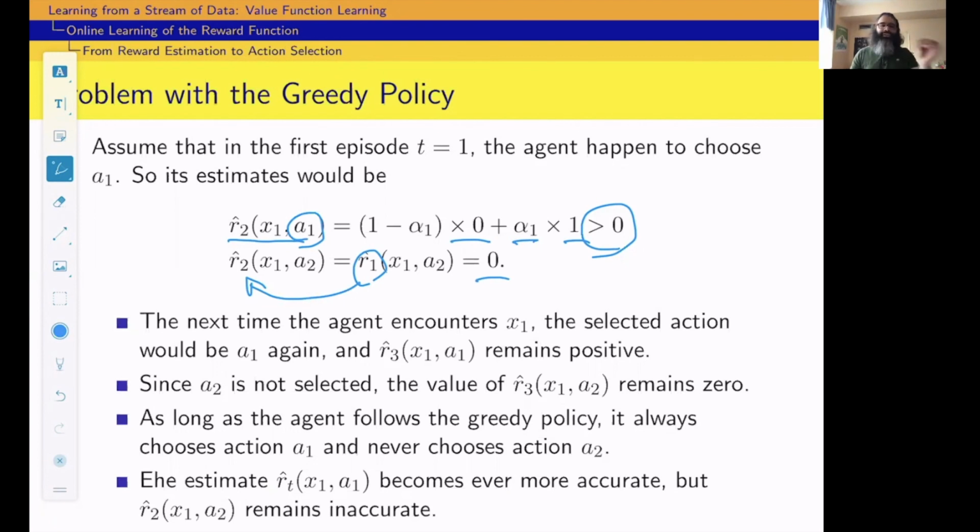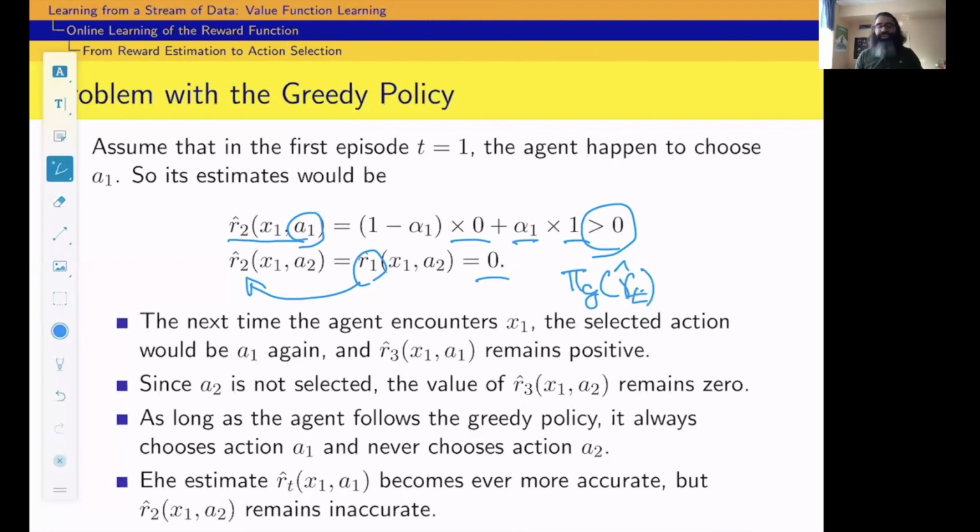Okay, now the next time in the future, the agent comes to state x1 again, and then it follows the greedy policy. What is the greedy policy selecting here? The greedy policy selects based on r hat at some time t.